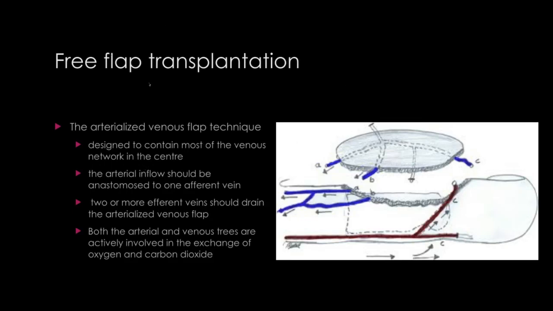Another aspect of the importance of veins is in reconstruction in the plastic surgery department, where you use a free flap for transplantation to cover surgical defects in the face or the neck.